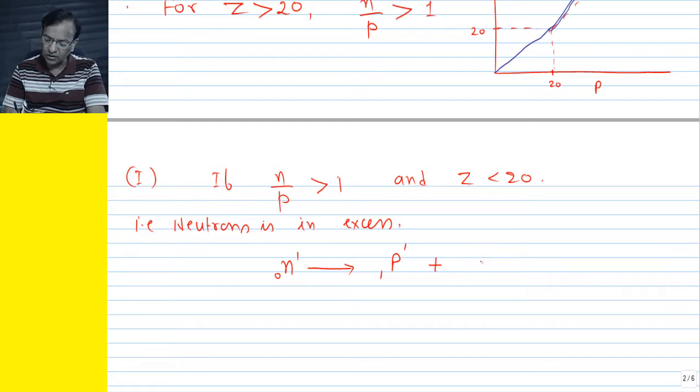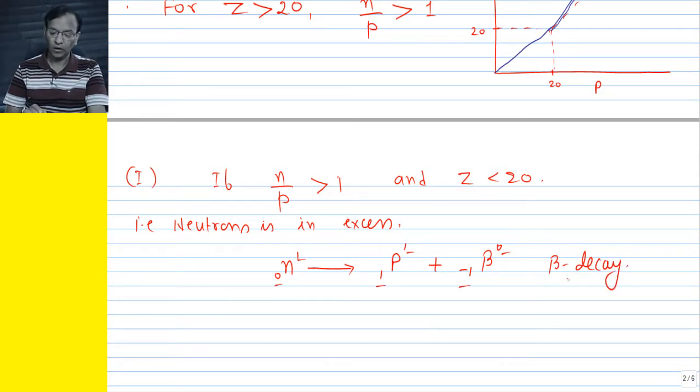To balance that, we have to take a beta particle, which is nothing but an electron, with charge -1 and mass number 0. So if N by P ratio is greater than 1, or the number of neutrons is more than the number of protons, it will undergo beta decay.